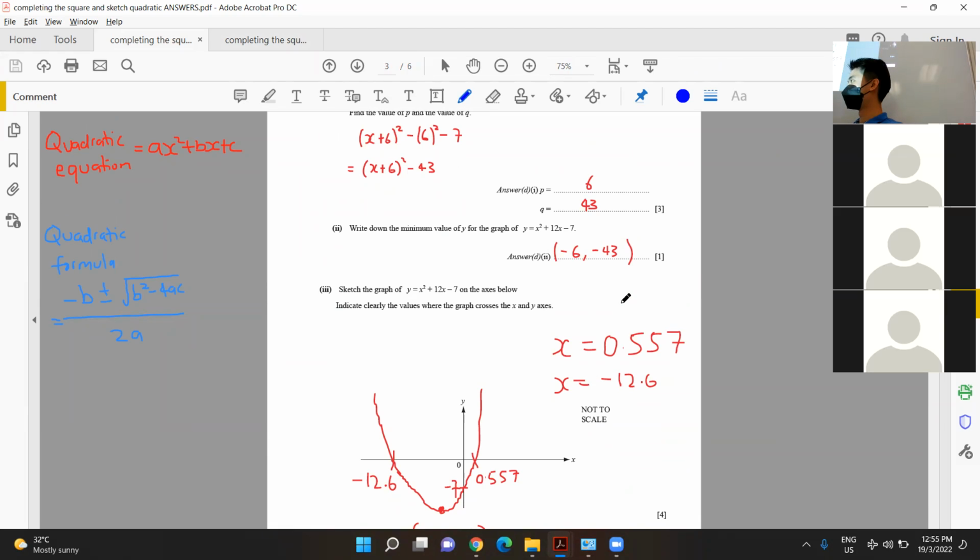Now round it off to 3 significant figures.